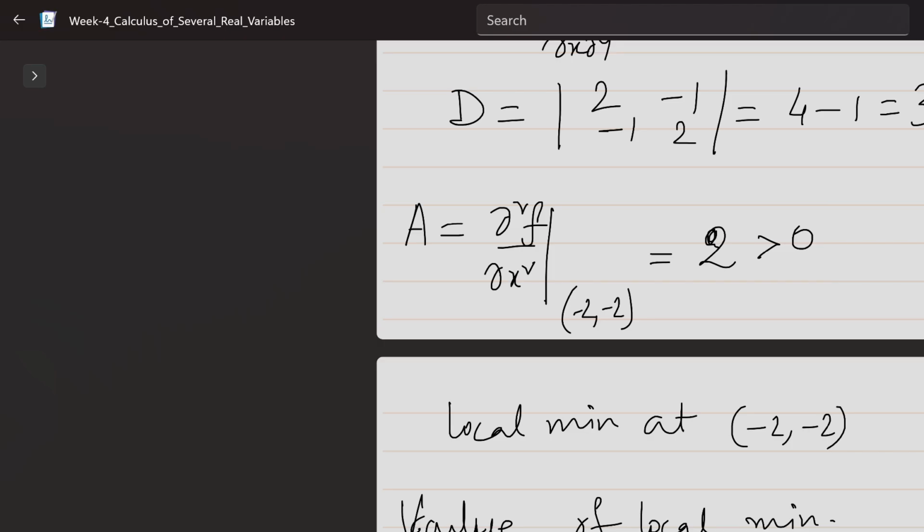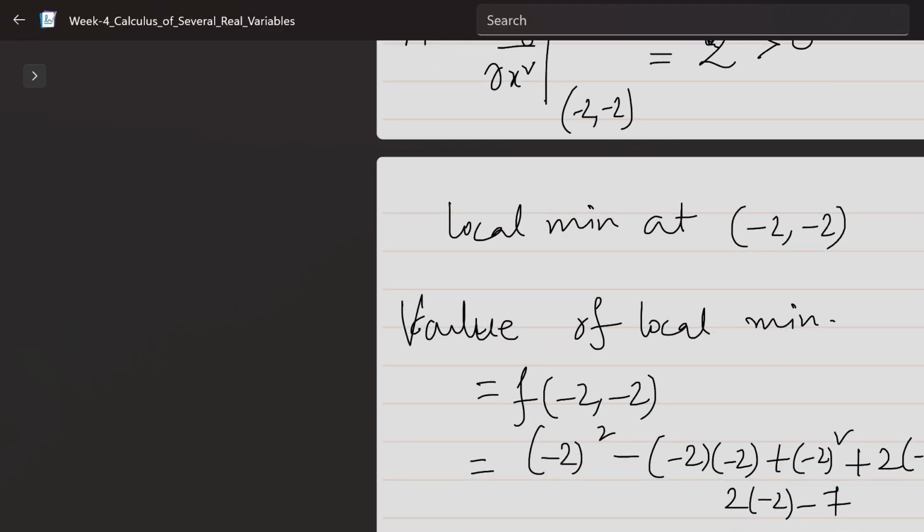So I will write it: minus 2 square minus 2 into minus 2 plus minus 2 square plus 2 into minus 2 plus 2 into minus 2 minus 7. So it is minus 11. You are correct.